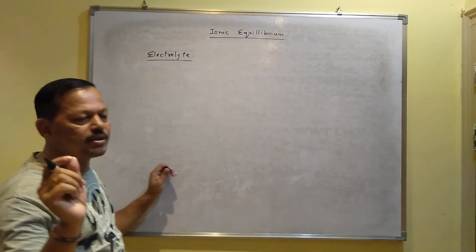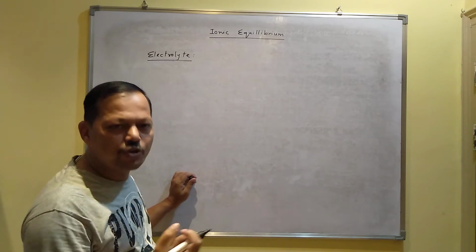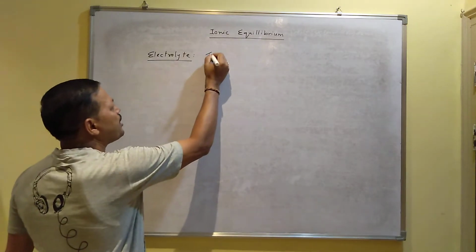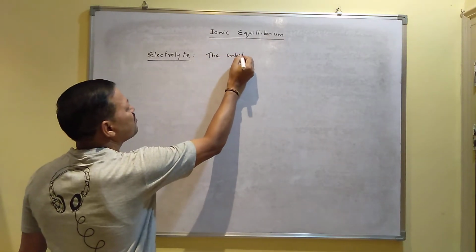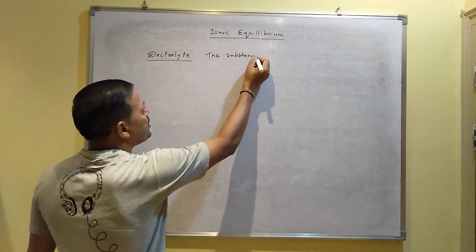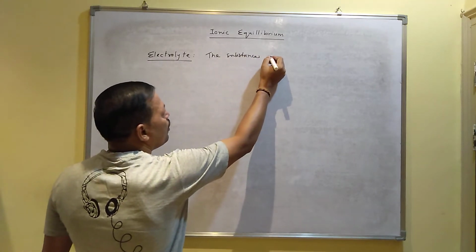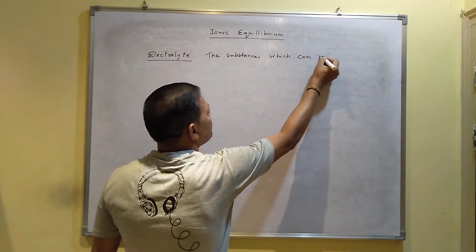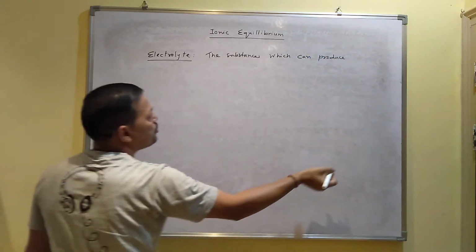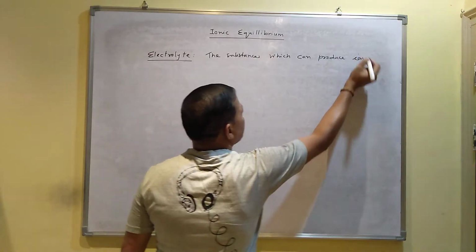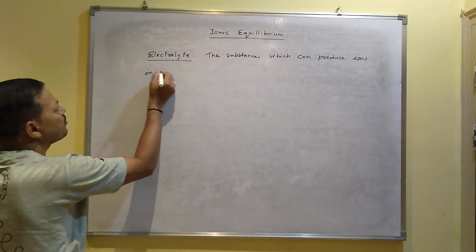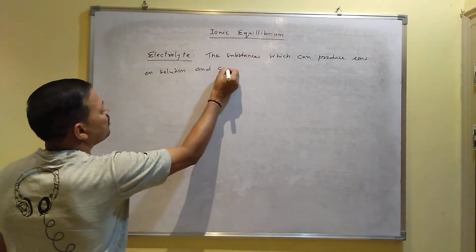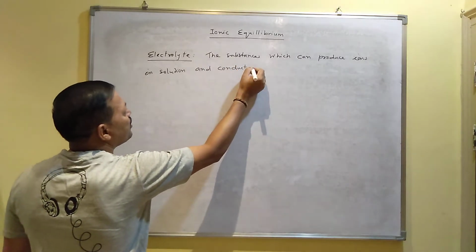Electrolyte means those substances which can produce ions in solution and which can conduct electricity. I mean, the substances which can produce ions in solution and conduct electricity.